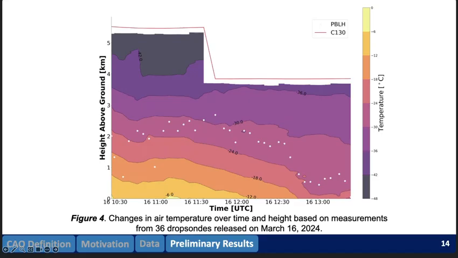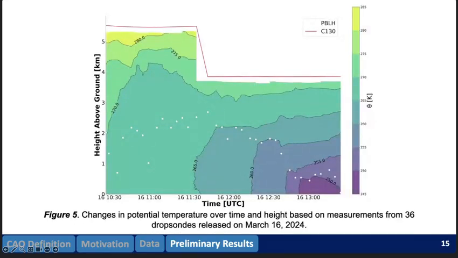We can see some trends of the boundary layer height very similar to the trend of the temperature here. And similarly, we have the potential temperature profiles. Over the sea ice, we can see relatively lower potential temperature, and it increases rapidly through height compared to over the polar region.